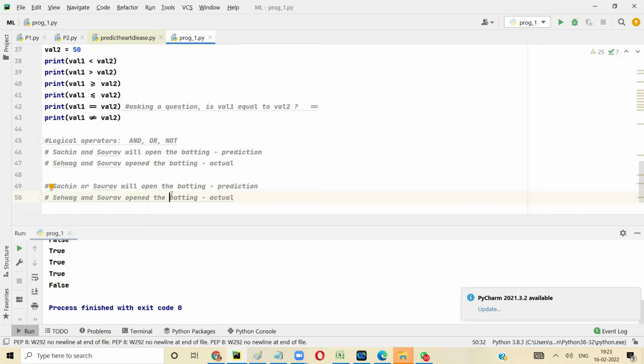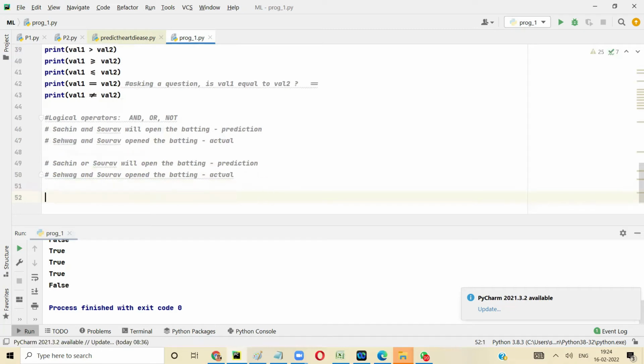If none of them open, let's say if Sehwag and Dravid open, then I'm wrong. That's the difference between AND and OR. In OR, if any one condition is true, it is true, and in AND, if any one condition is false, the entire thing is false.